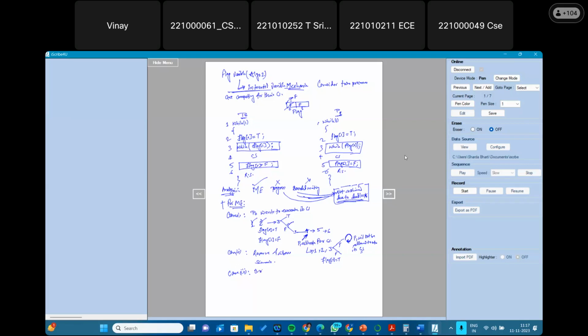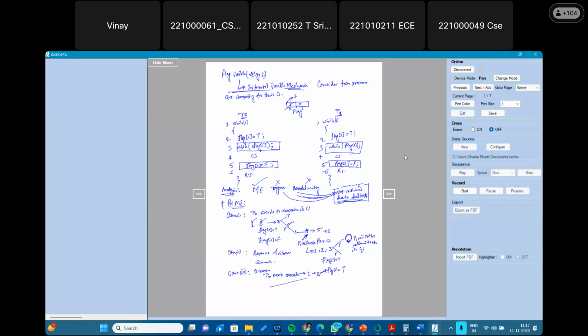Assume P0 wants to execute, right? So first is executing, second is executing. See here it makes flag 0 equal to true.